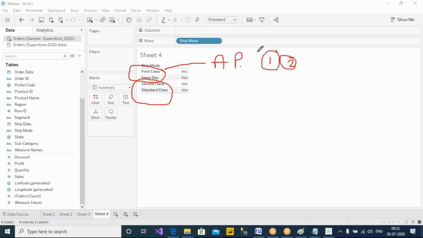If you are a normal customer, then it takes 2 to 3 days, isn't it? So here we have got 4 different ship modes, and I want to group the first 2 into Prime and the second 2 into the normal delivery mode.